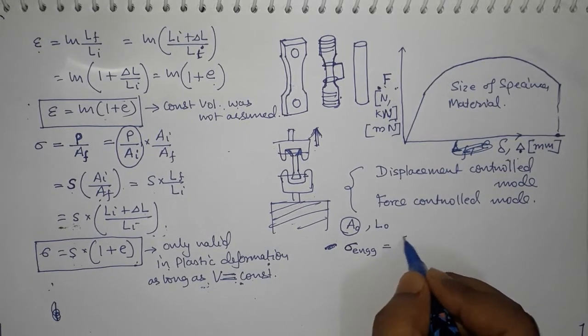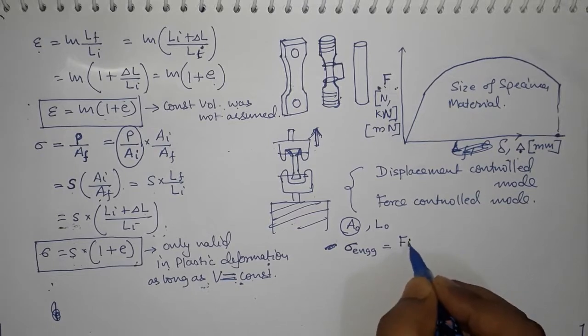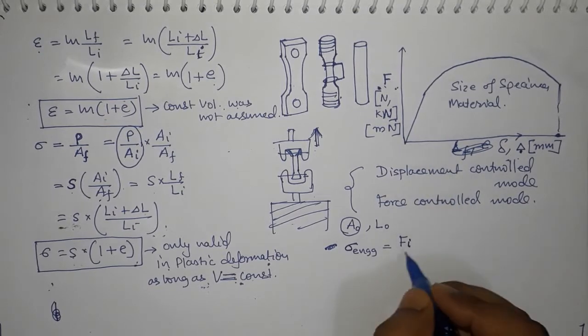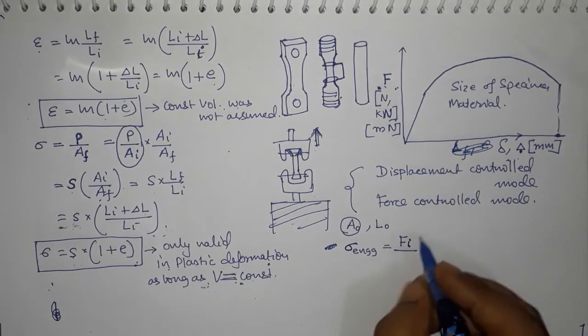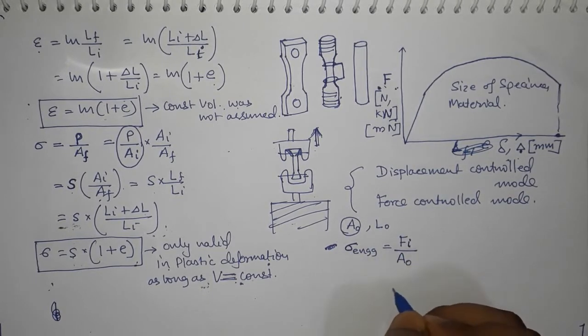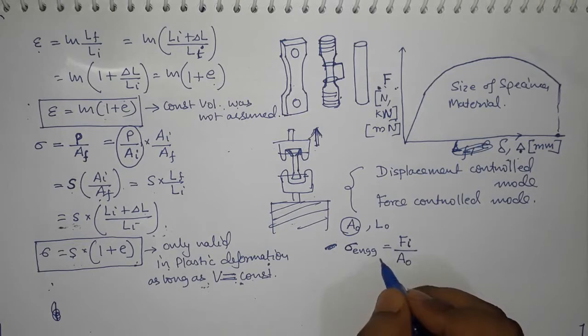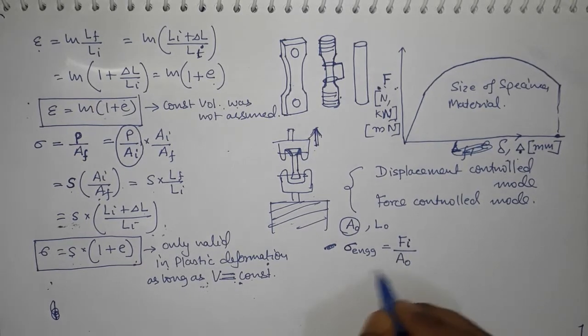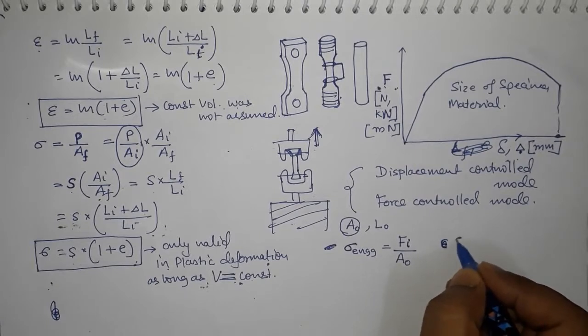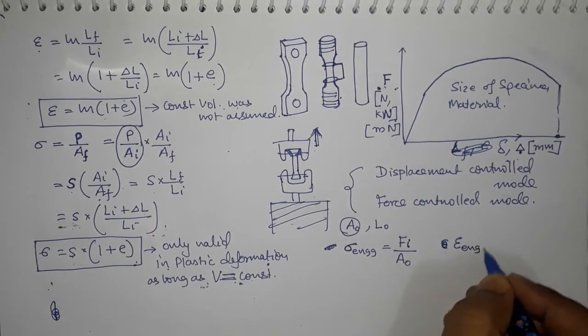And this we will get by dividing all the Fi, where i will change depending upon the number of values you are getting from the machine. So all the force values you can divide by the initial area, and you will get the values of engineering stresses. Similarly, you will get the value of engineering strain, so I will also write ENGG.